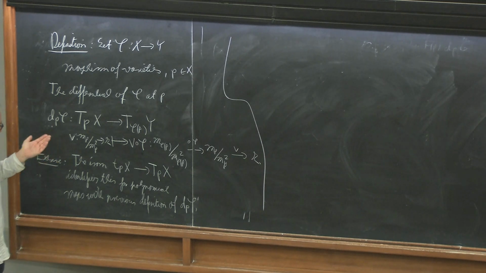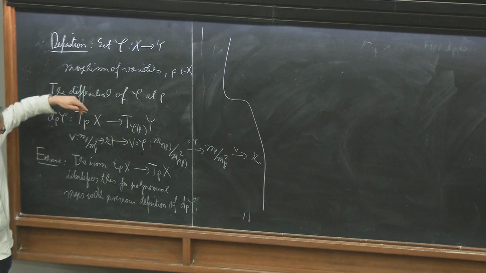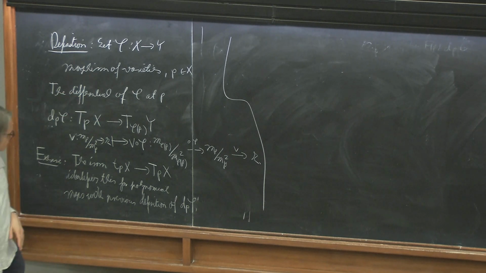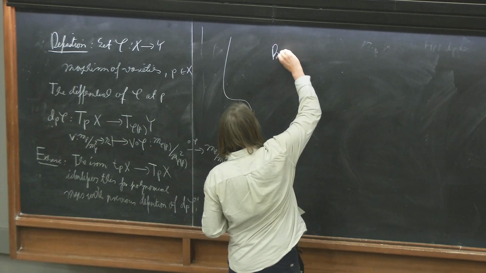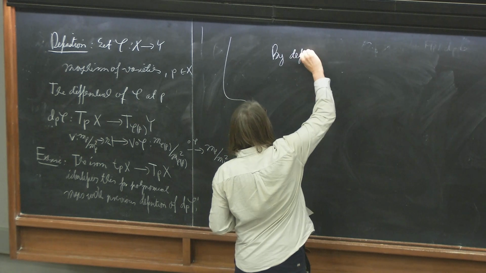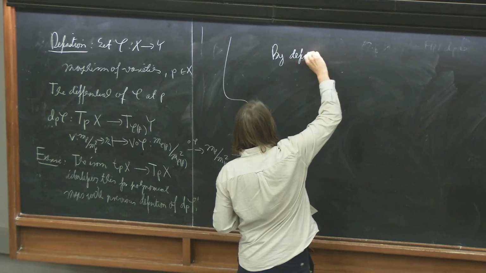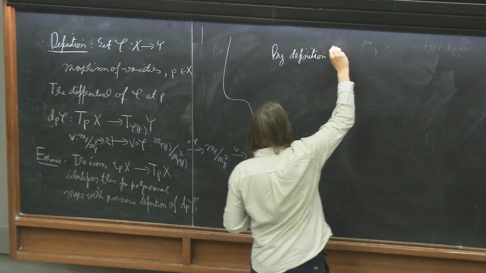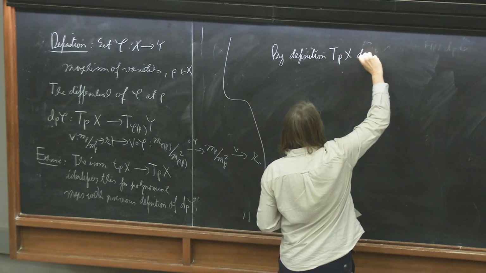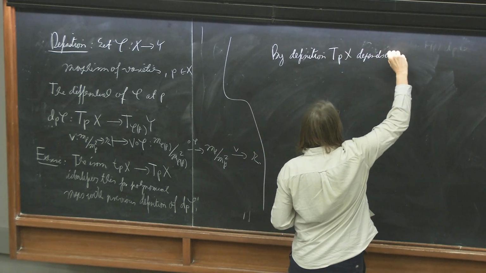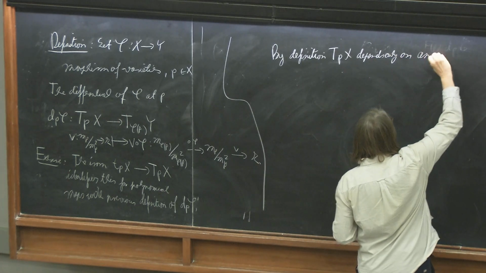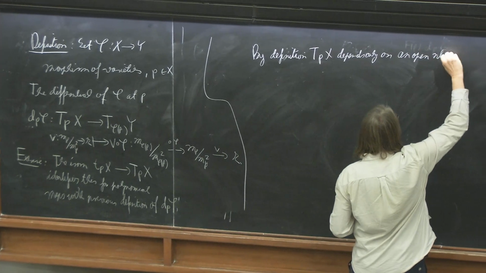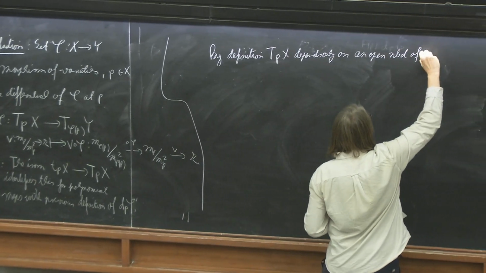And so in particular, the tangent space is the same as the tangent space of any open neighborhood which contains P. So by definition, TPX depends only on an open neighborhood of P.